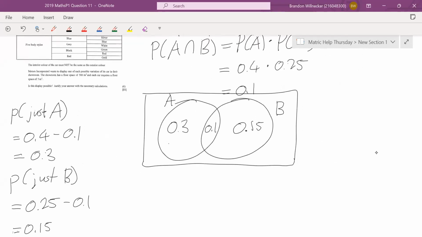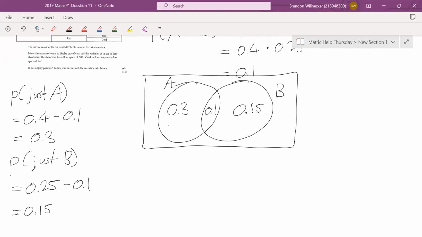Okay, so now we need to check the sample space though, because we've got 0.3, 0.1, 0.15. However, that doesn't make up the full probability. We're a bit short. So how much is actually outside in the rest of the sample space? So that will be 1 minus 0.3 minus 0.1 minus 0.15.